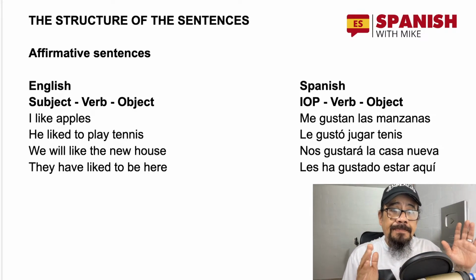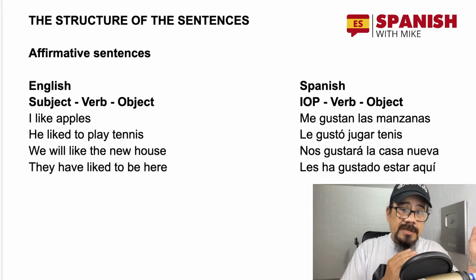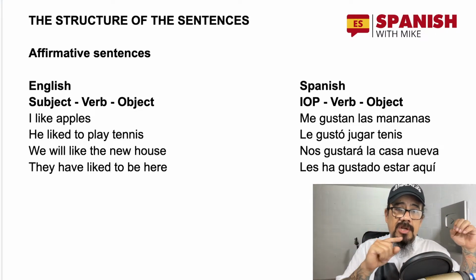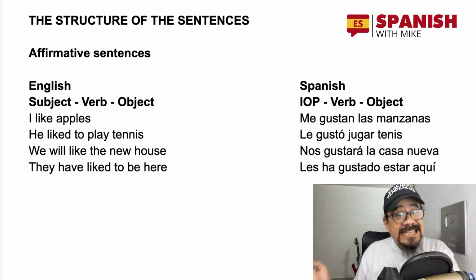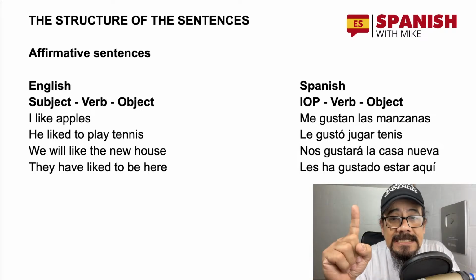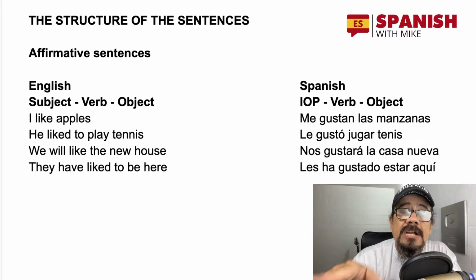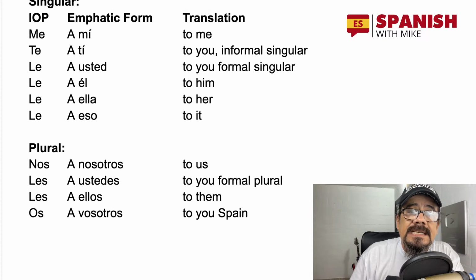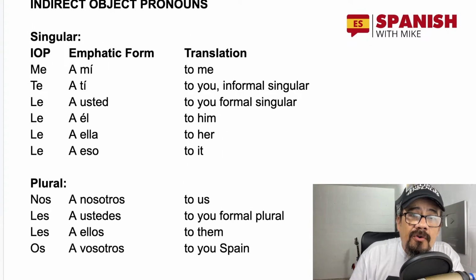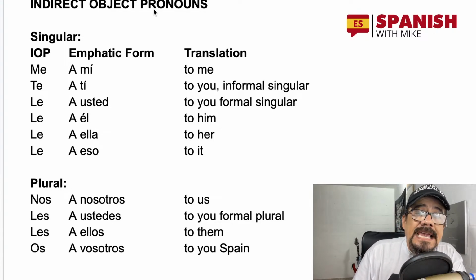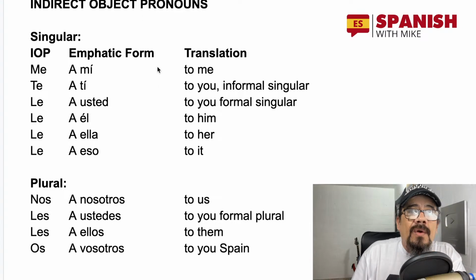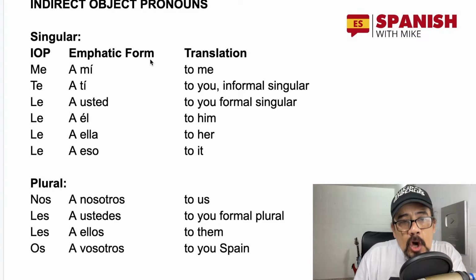As you can see, the English structure is a regular SVO structure, but in Spanish with the verb gustar it is not the same. We use the indirect object pronoun instead of the subject, and remember, this is based on this table. For I, me. For you, te. For you, singular, formal, le. For he, she, it, le. For we, nos.